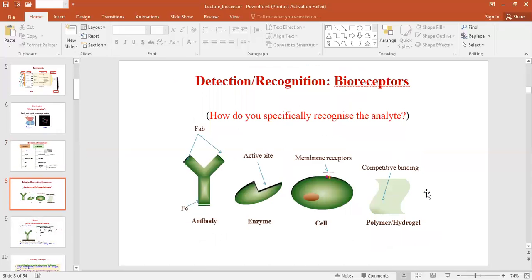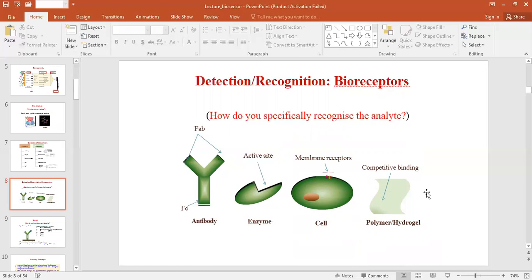Now, what are the bioreceptors? As I said, antibody, enzyme, cell, or else MIPs or polymeric hydrogels, all simple polymers that have specificity can be used here. Means here the detection unit or the recognition unit is actually functioning as a bioreceptor.